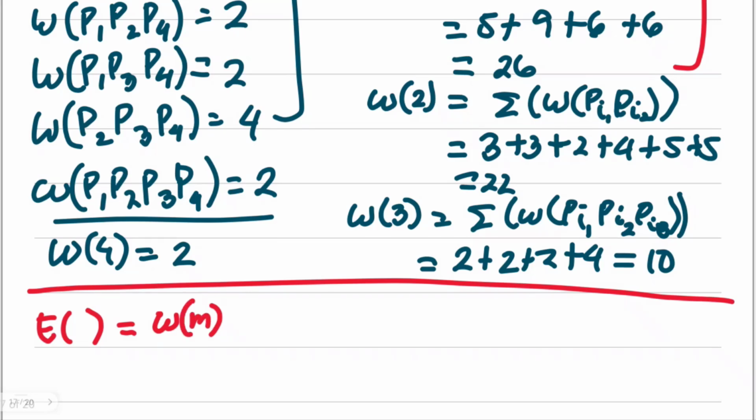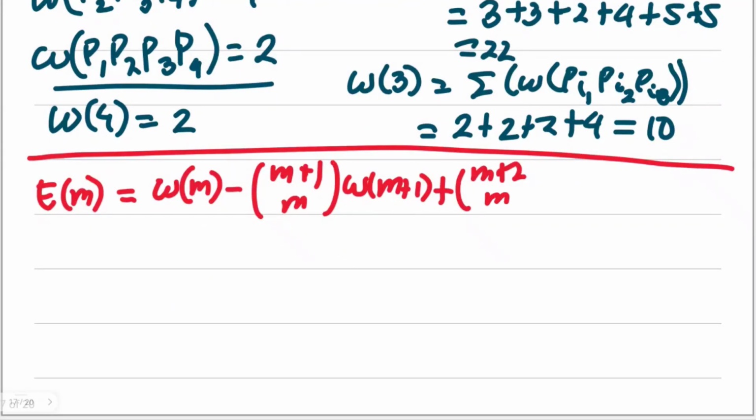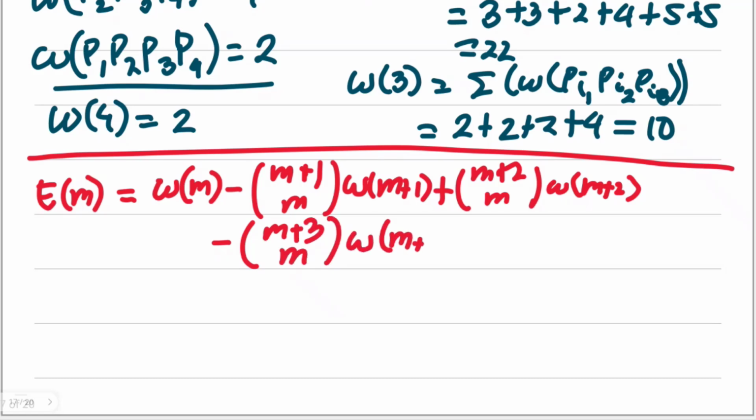Okay, so m minus again m plus 1 combination m omega of m plus 1, then plus alternating m plus 2 combination m omega of m plus 2, minus again m plus 3 combination m omega of m plus 3, plus, let's just end up here until 4.